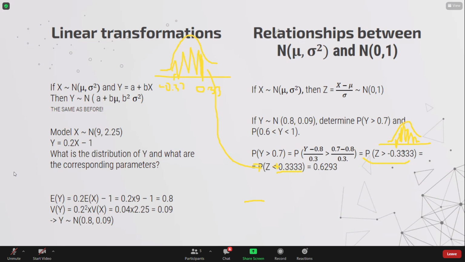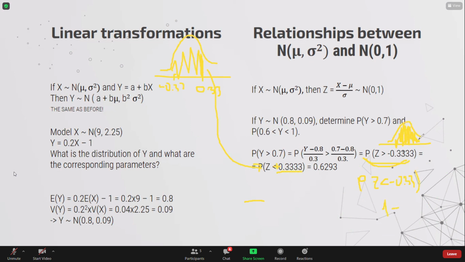Okay, a quick example. This type of area is when it's more than the minus number, which is here. But if the question was asked the area that is below minus 0.33, that should be 1 minus the yellow area.